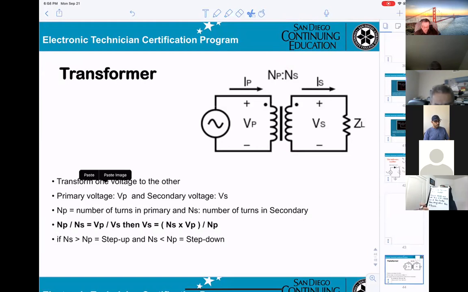Step up or step down. It's an inductor. It couples AC power. What is the basic definition for a transformer? Basically, a transformer transforms one voltage to the other.